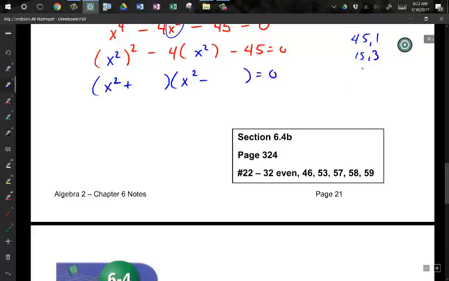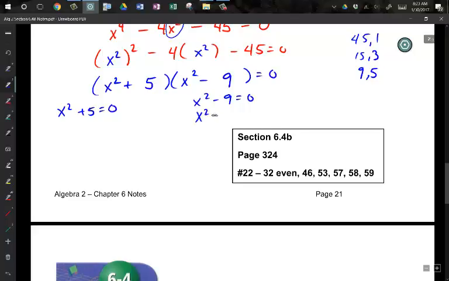What else do we have? 5 and 9. That gets us a 4. Which one wants to be negative? Which one's positive? Negative 9. That means it's a positive 5. There we go. There's my factors. So x squared plus 5 equals 0. X squared minus 9 equals 0.